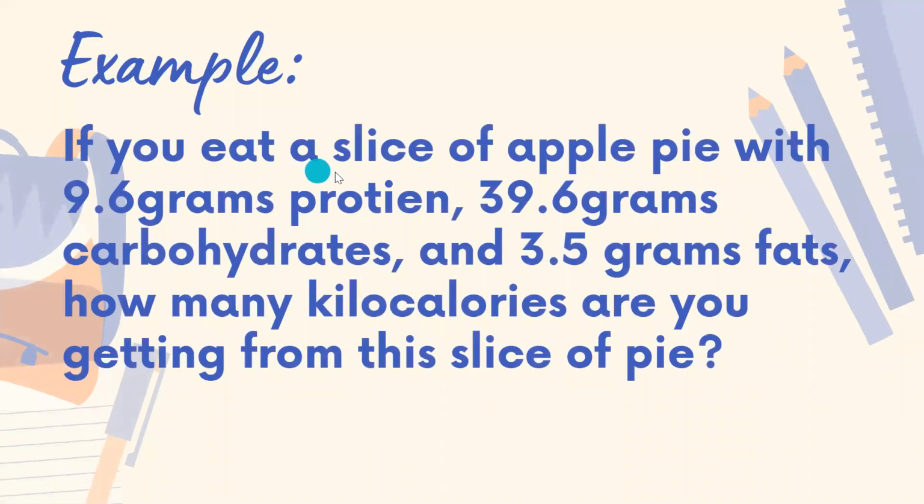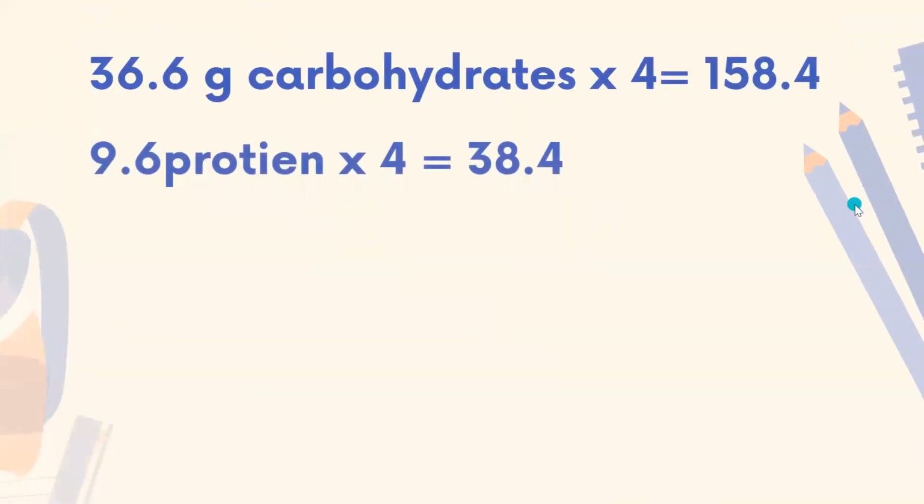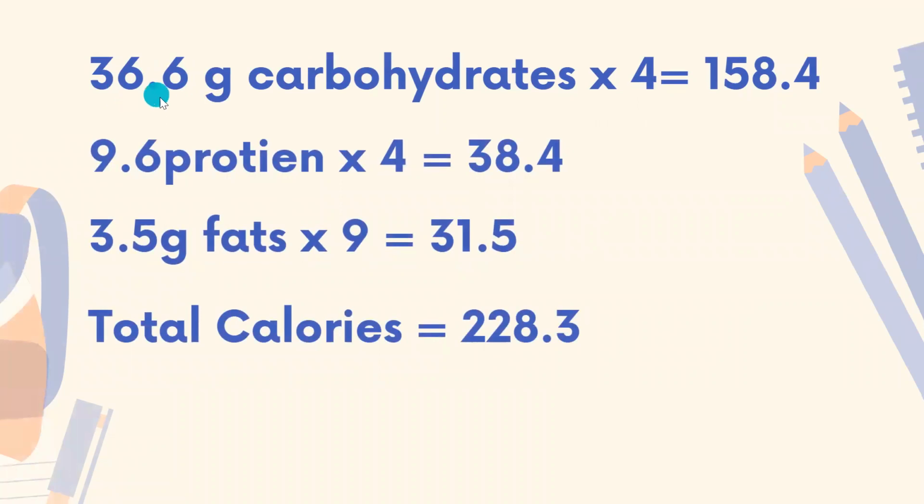Example: if you eat a slice of apple pie with 9.6 grams protein, 39.6 grams carbohydrates, and 3.5 grams of fats, how many kilocalories are you getting from this slice of pie? 39.6 grams of carbohydrates times 4 equals 158.4 kilocalories. 9.6 grams of protein times 4 is equal to 38.4 kilocalories.